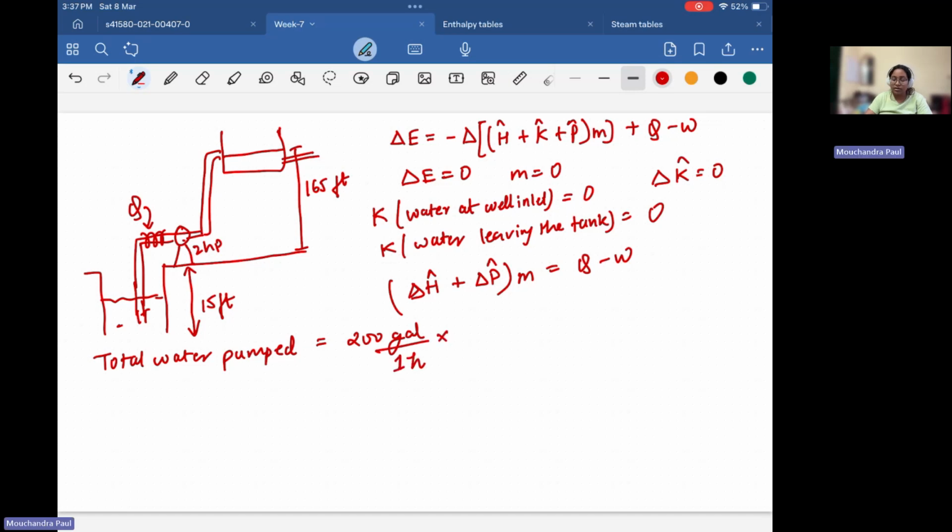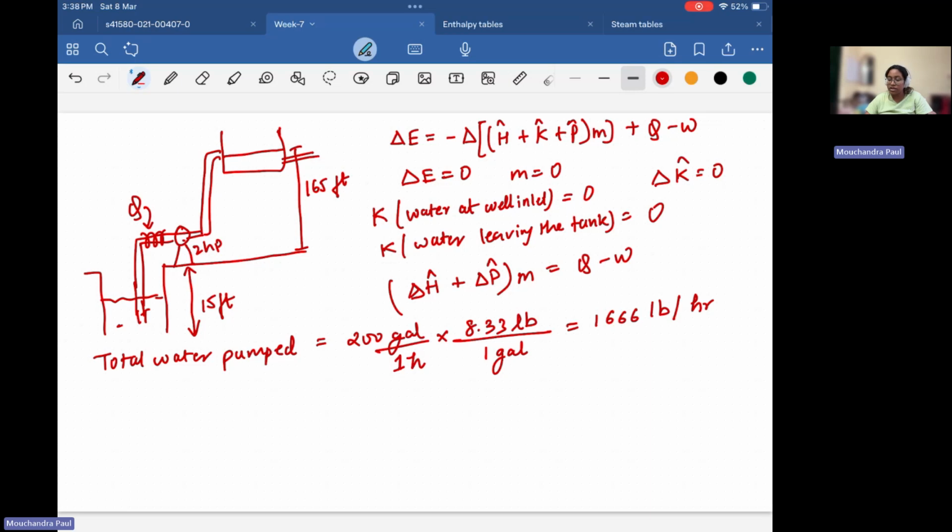So 1 gallon is actually 8.33 pound. So it becomes 1,666 pound per hour. This is the total water that is pumped per hour in mass form.